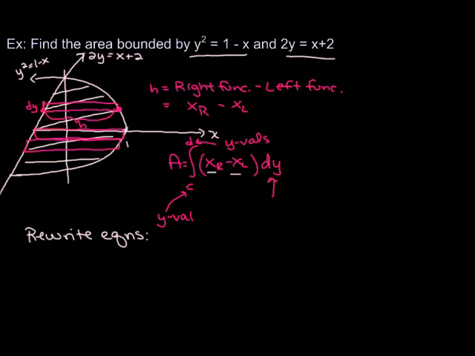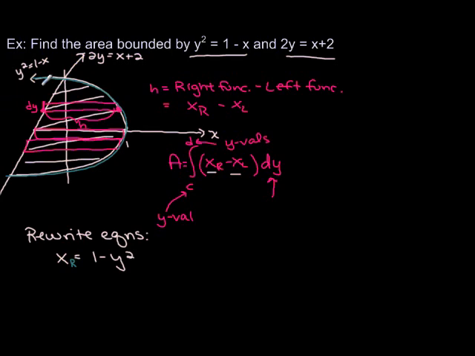Okay, so for equation 1, I'm going to have x is equal to 1 minus y squared. And when I look at my picture, I see that that function, which is my parabola, is my function on the right. So I'm going to go ahead and call that x right.